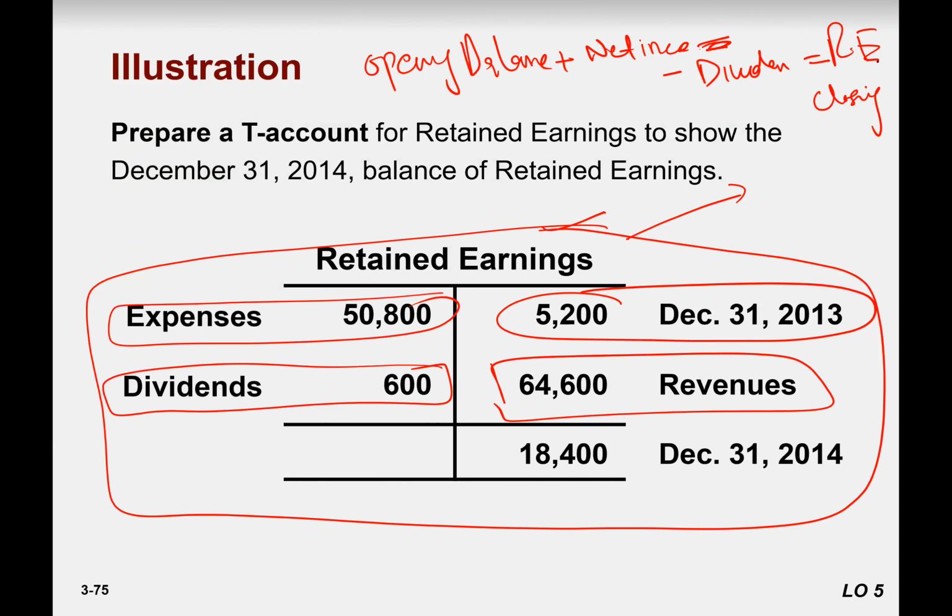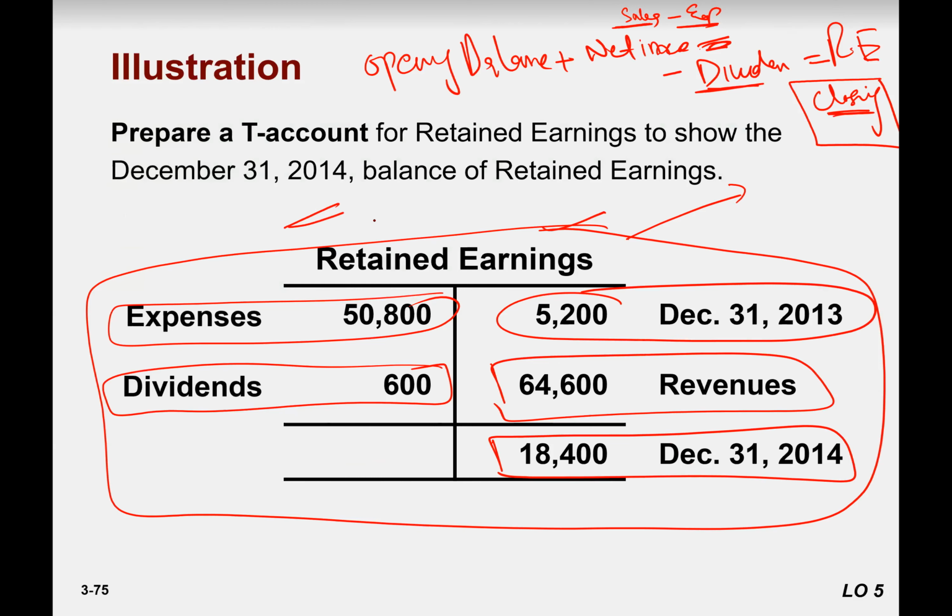So now we understand what it means by closing, because this closing comes after closing the dividend account, and where we find out the net income from sales minus expenses, right? It means we are closing the sales account and we are also closing the expense account. So that's why we call this the closing balance.